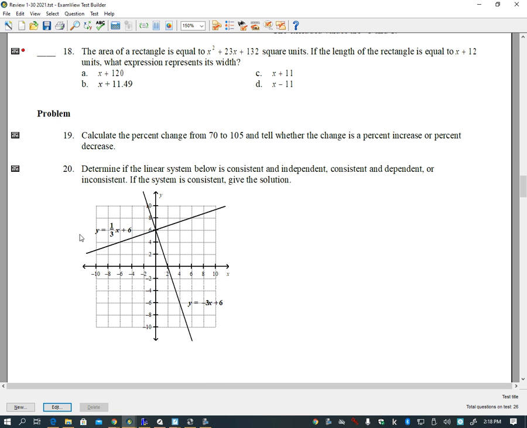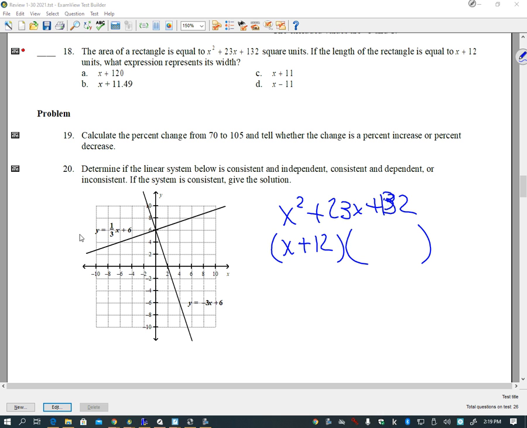18. The area of a rectangle is equal to x squared plus 23x plus 132 square units. If the length of the rectangle is equal to x plus 12, what expression represents the width? So what they're saying is that x squared plus 23x plus 132, okay, and one of the factors is x plus 12.